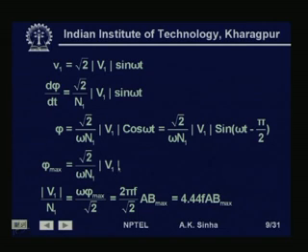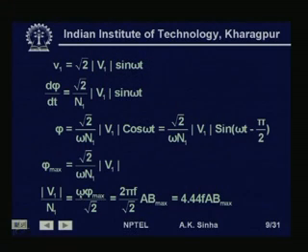From this, we can write V1 by N1, which is nothing but voltage per turn for the winding. So, dividing V1 by N1 means each turn is having how much voltage across it. So, V1 by N1 is equal to omega into phi max by root 2.